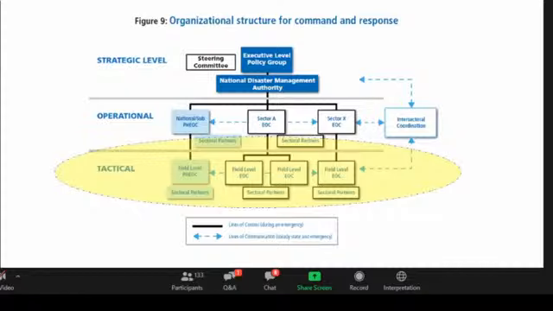But we must stress that all the tactical decisions should be made at the tactical level, the lowest level. The higher operational or strategic level should avoid intervening in or interrupting decisions made at the tactical level, to ensure efficiency.